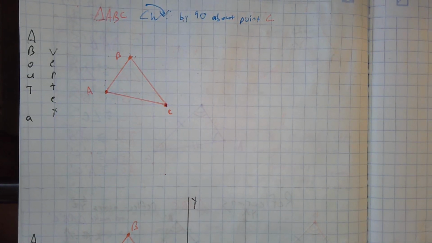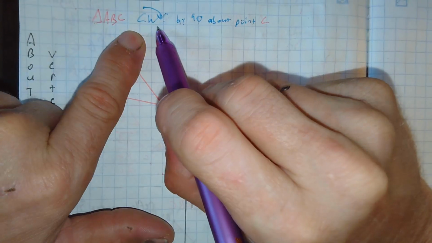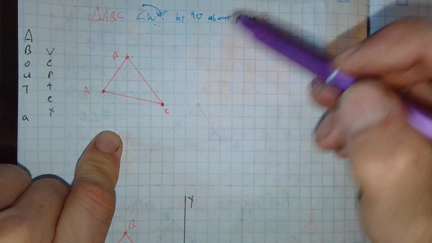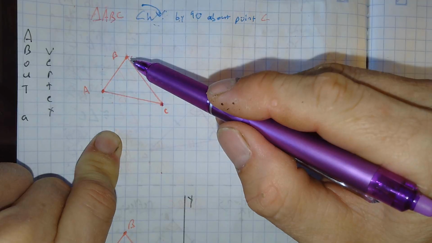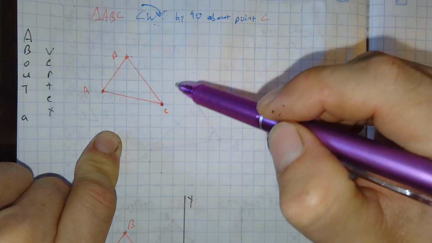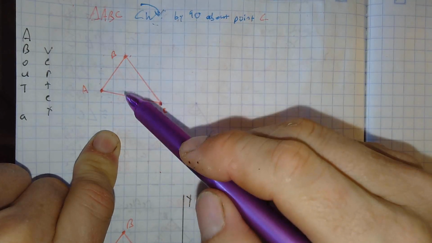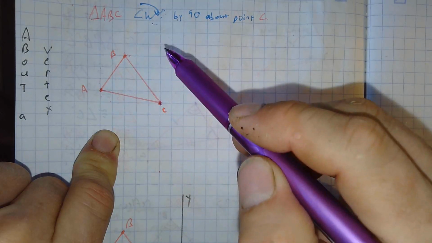So let's talk about the first one first: rotation about a vertex. If it's going to be a 90-degree clockwise rotation, I'm rotating it this way, as opposed to rotating it this way, by 90 degrees. What does that mean? That means each one of these line segments is going to make a 90-degree angle after it rotates this way with its new line segment.